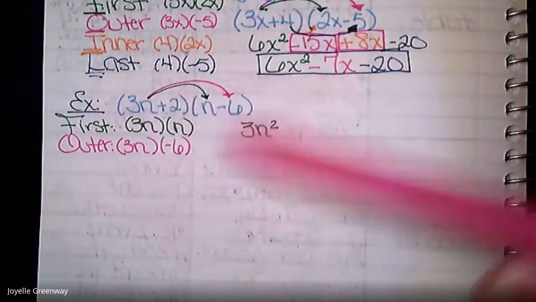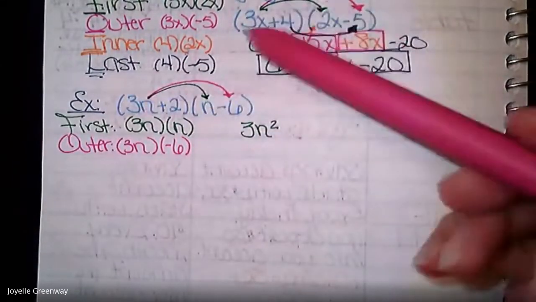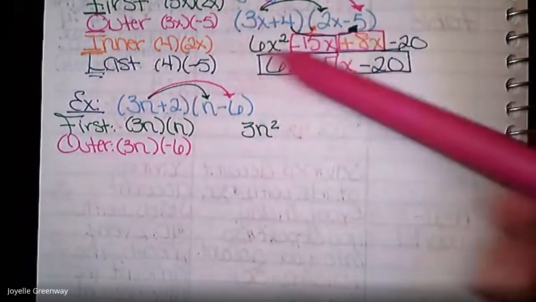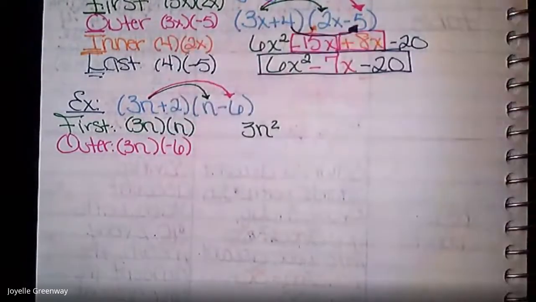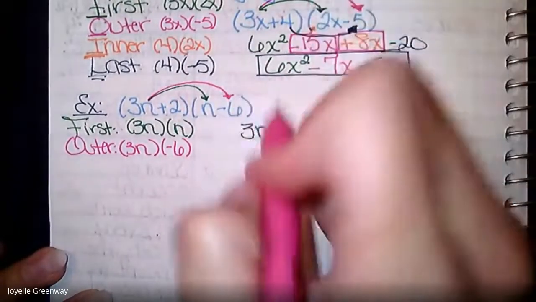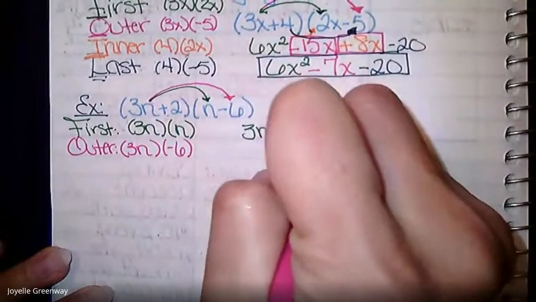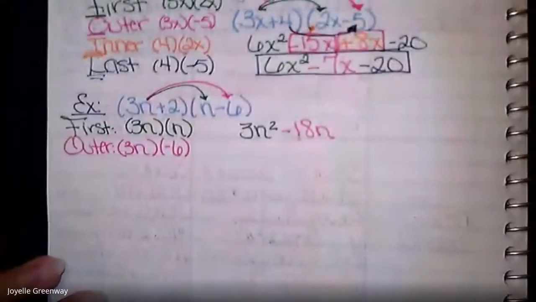Okay, so when you do this, you don't have to write out all of this. You can show me with your arrows, and you would want to do that so that you're showing your work, but you don't have to write it down like I am. Okay, so 3n times negative 6 is negative 18n. So that's your outer term.